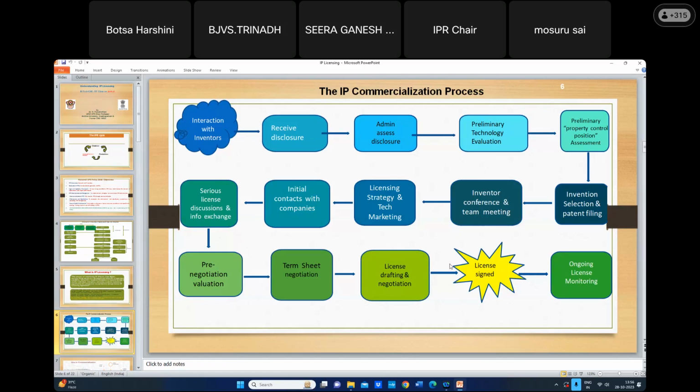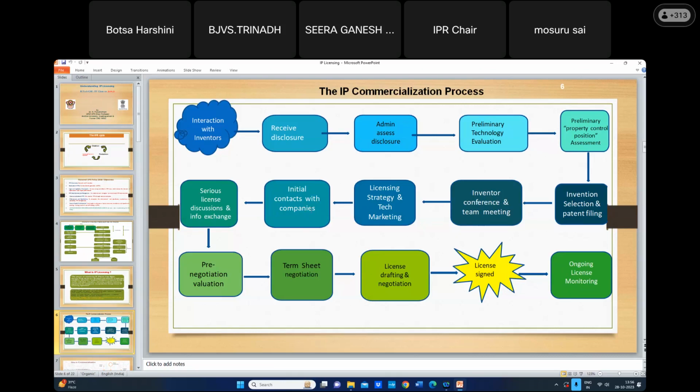Then those inventions will be selected, and afterwards there will be a conference between the team and the TTO office, and the process will be explained to them. Based on that, we also decide a licensing strategy and tech marketing: how to market this technology to various companies, entrepreneurs, and startups who are looking for such solutions. Then initial contacts with the companies.